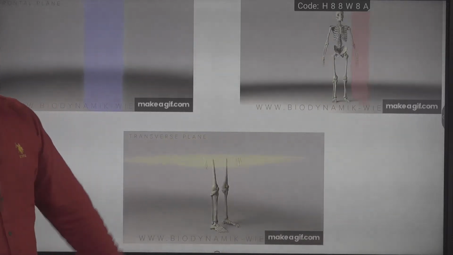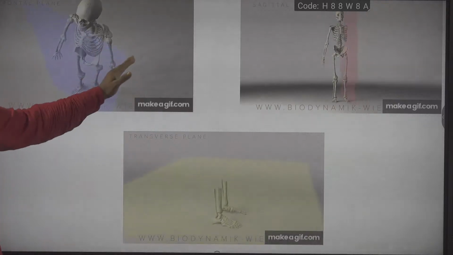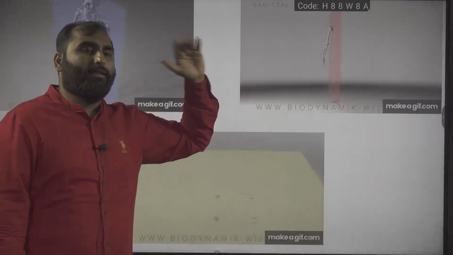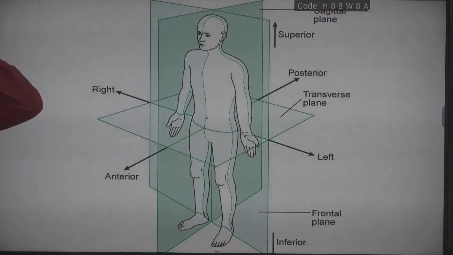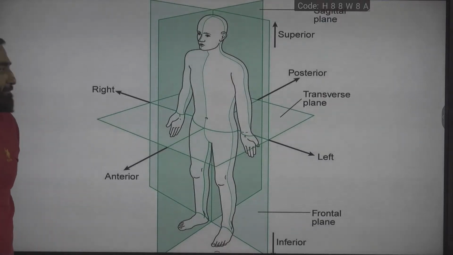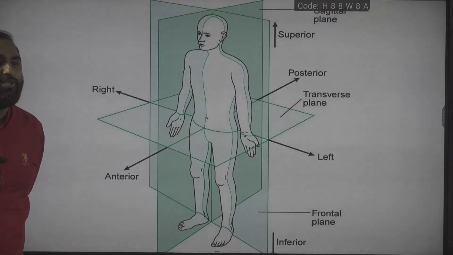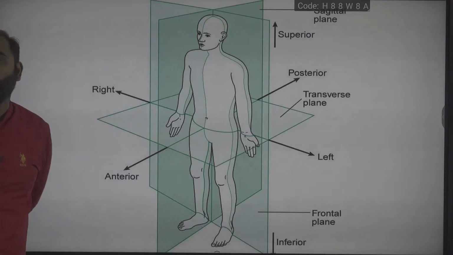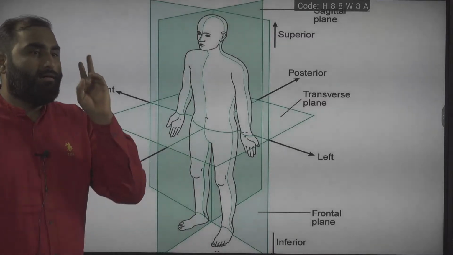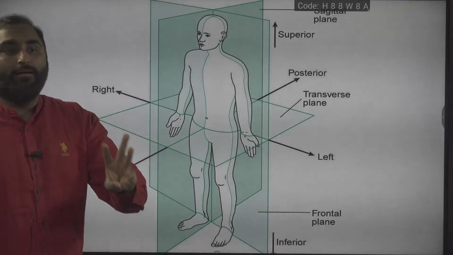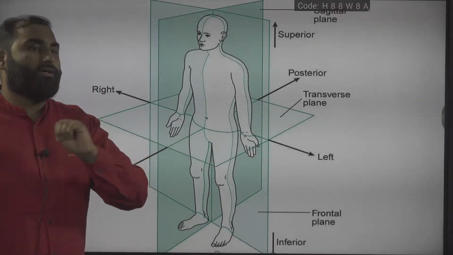Correctly said. So transverse plane, frontal plane, sagittal plane. Am I clear, guys? Okay. So three planes: sagittal, frontal, and transverse, that is horizontal.